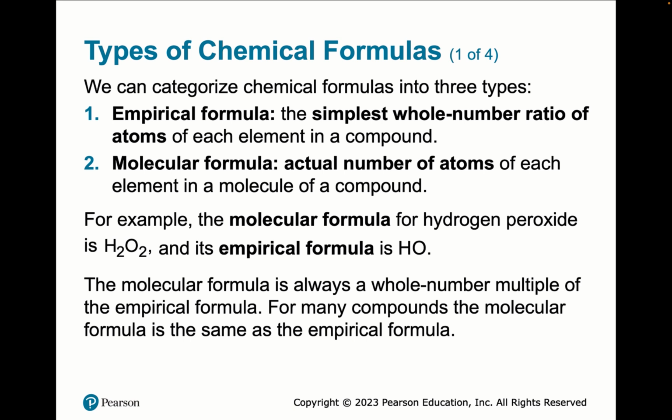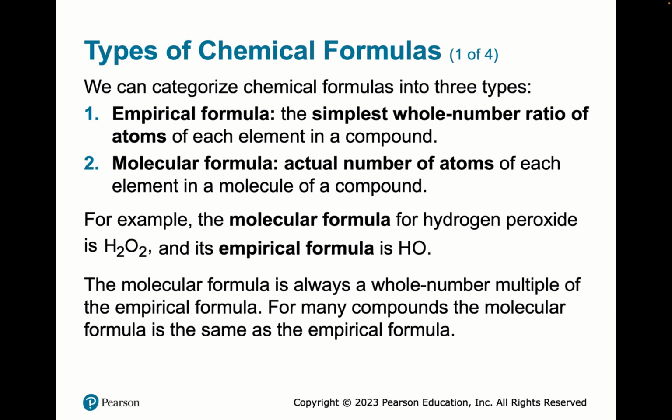There are quite a few exceptions, but more or less, for most, the empirical formula is the same thing as the molecular formula. The molecular formula is the actual number of atoms in the compound. So if you look at hydrogen peroxide, for instance, H2O2, the empirical formula, the simplest ratio, is 1 hydrogen and 1 oxygen. There are different elements that have several of them.